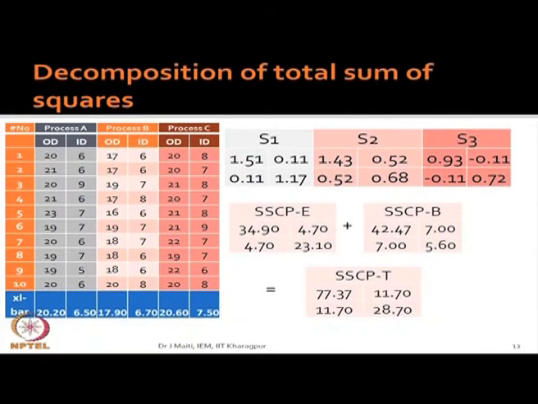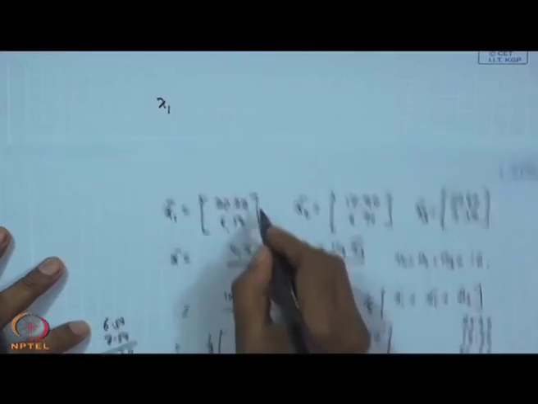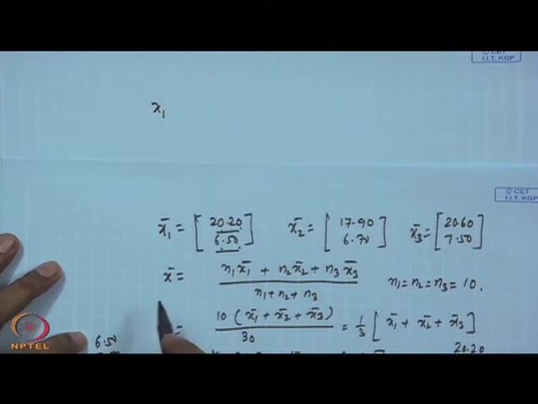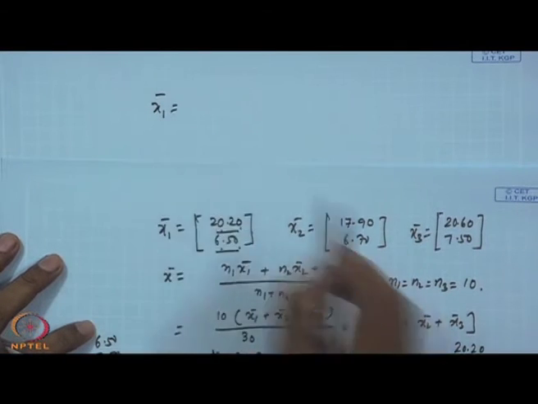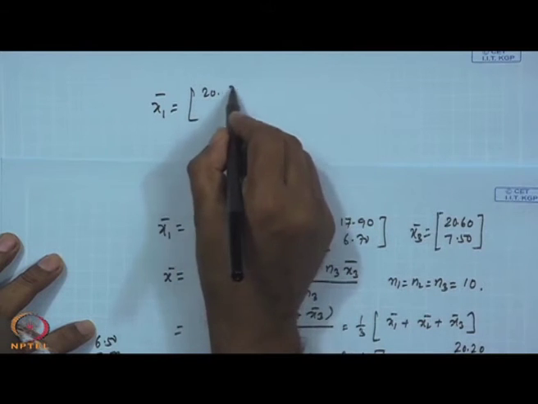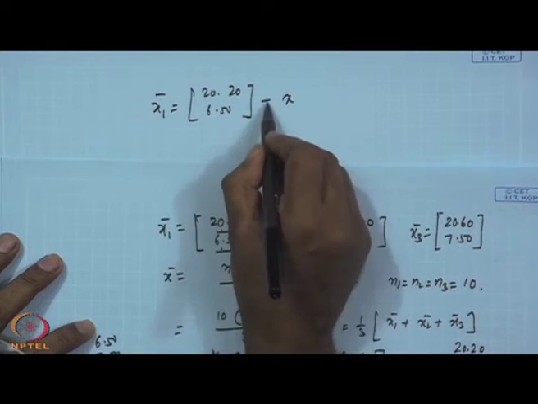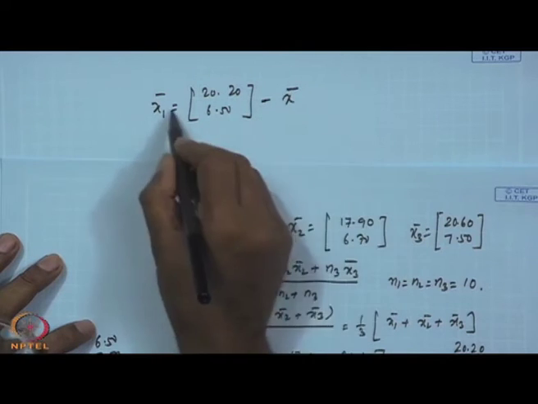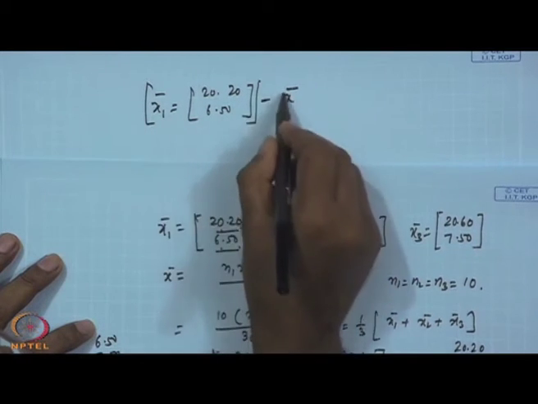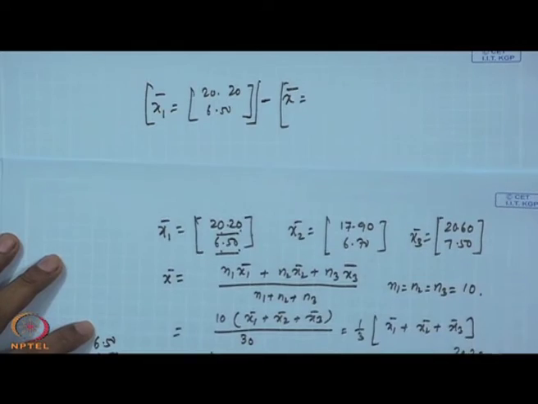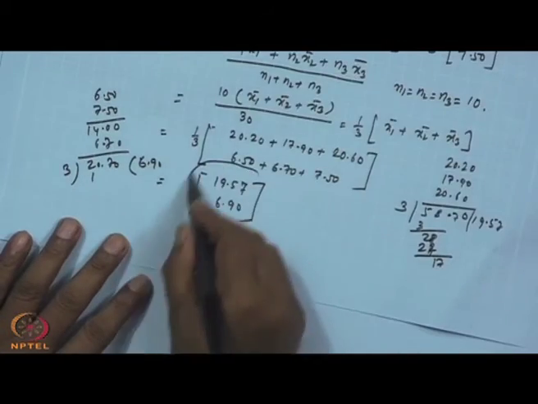Now, what is our x1 bar? Here you see x1 bar is 20.20 and 6.50, minus x bar, and our x bar value is 19.57 and 6.90.